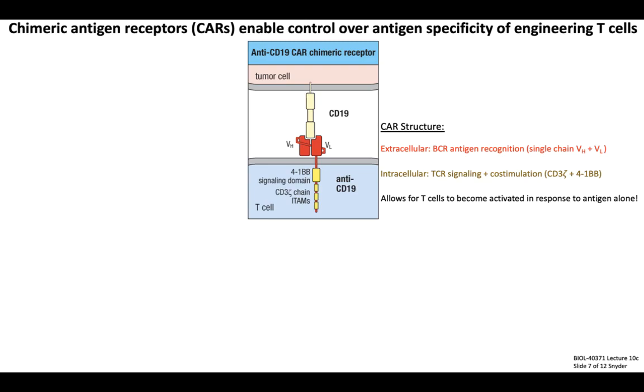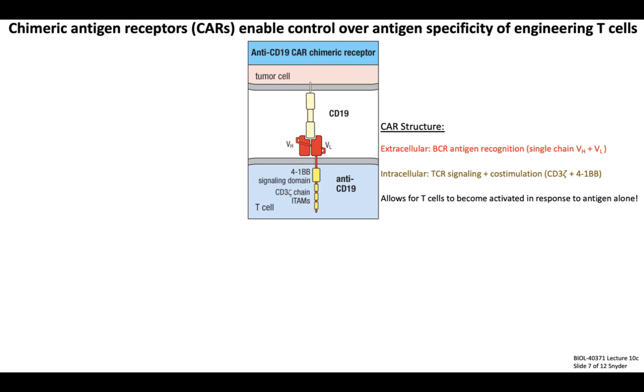Now, these are called chimeric antigen receptors because this extracellular antigen recognition domain is then fused to intracellular domains that resemble the signaling machinery of the T cell receptor. This usually includes a CD3 zeta chain and a co-stimulatory domain called 41BB, and each of these contain ITAMs that are needed to relay T cell signal transduction.